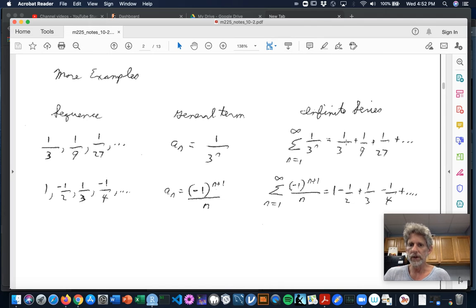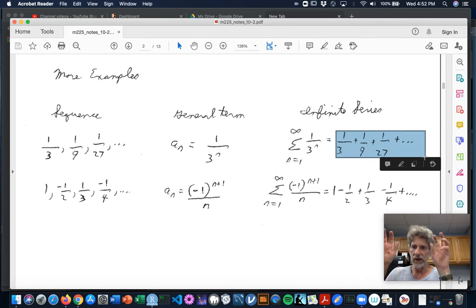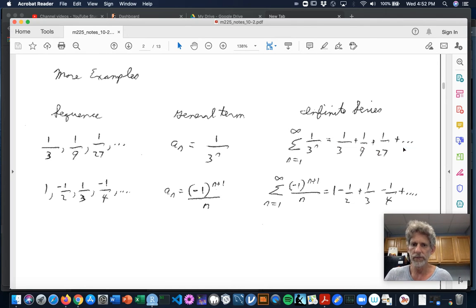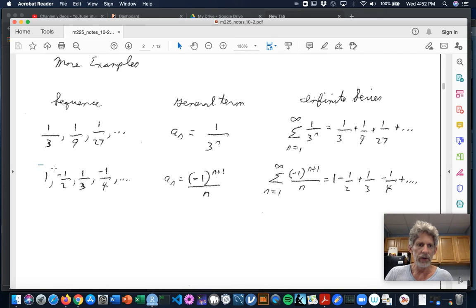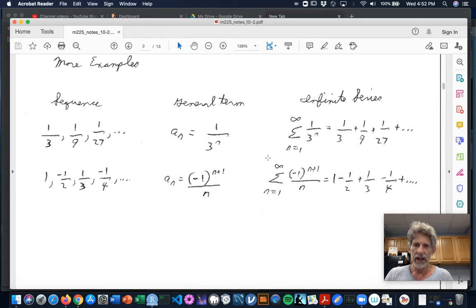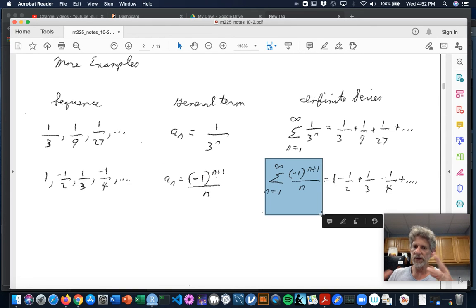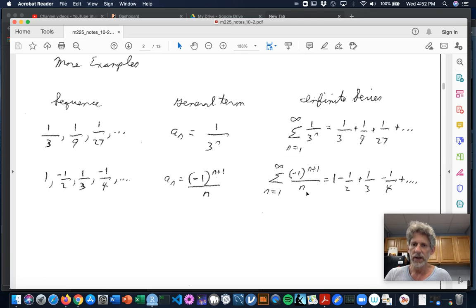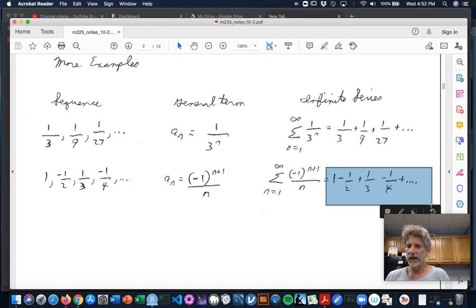And you just kind of wonder, is that infinite sum a finite number or not? Or you could take this little alternating sequence whose general term looks like that. And you could say, what would happen if we could somehow add all those together? What's the limit of the partial sums? And so we could write it out like that as well.